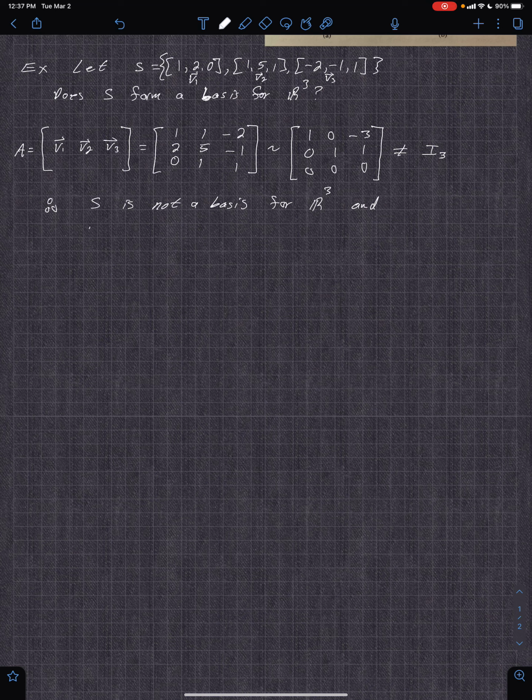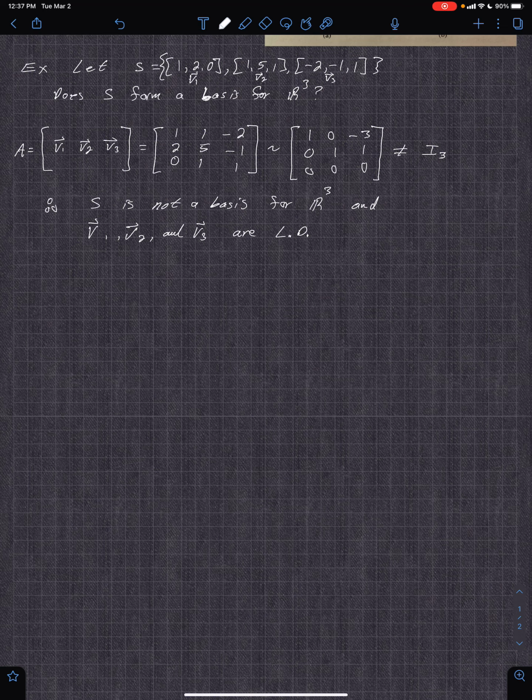And so you don't say the set is dependent. You say it's a dependent set of vectors. So V1, V2, and V3 are linearly dependent.